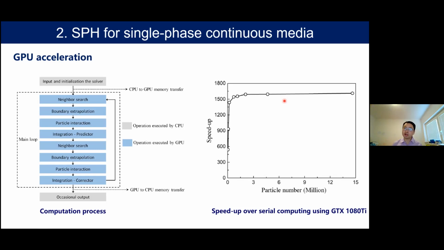But with GPU acceleration, we can get this kind of speedup just using a normal desktop. And the simulation scale can be very large. For a graphics card, you usually can model a problem with a particle number of maybe 40 million if you have 10 gigabytes of memory. So that's the SPH method for single phase continuous media.